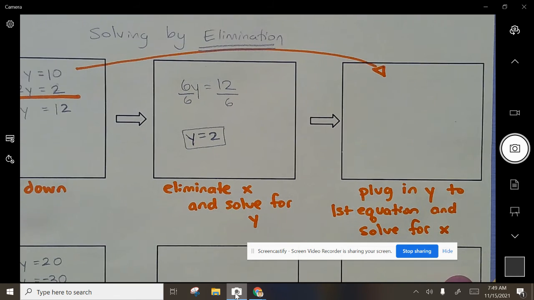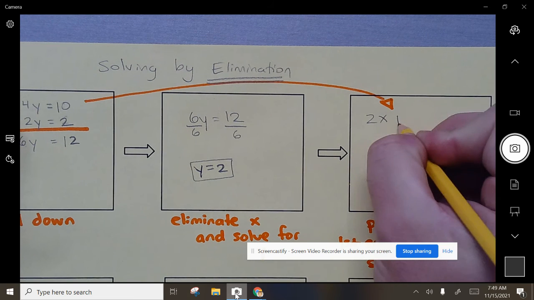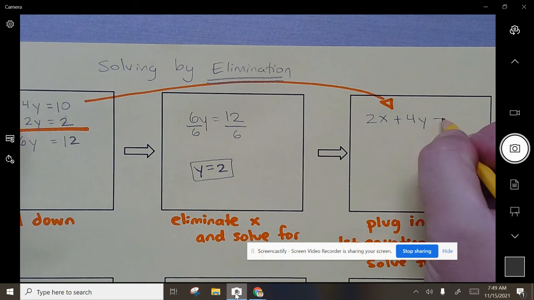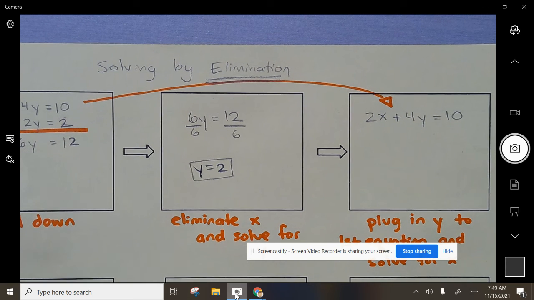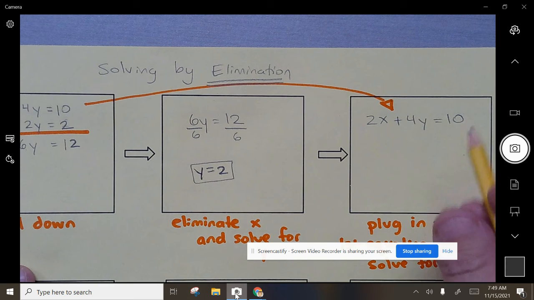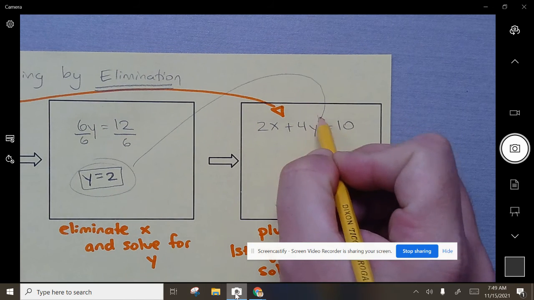So let's go ahead and do that. I'm going to rewrite the first equation over here. So it's going to be 2x plus 4y equals 10, okay? Then I'm going to go ahead and now take this y equals 2. Where is it going to go? Right here.